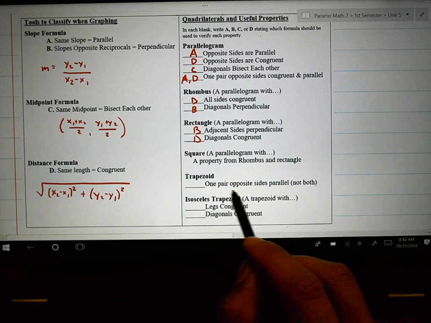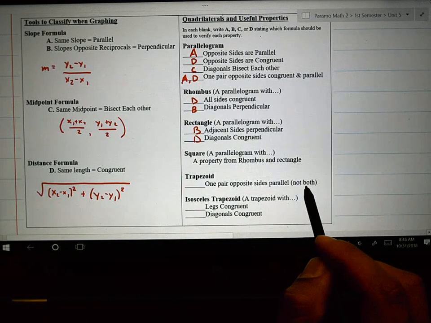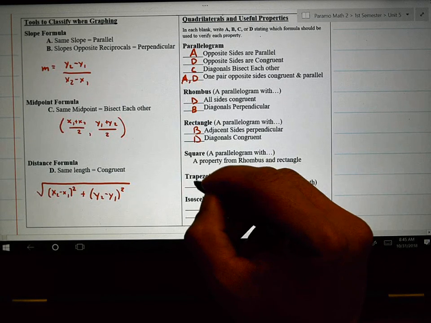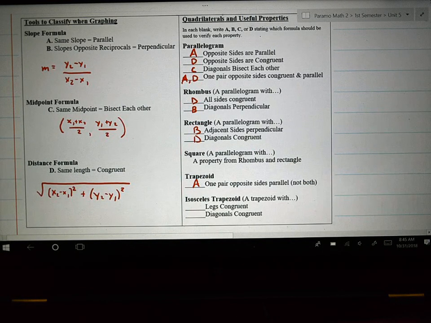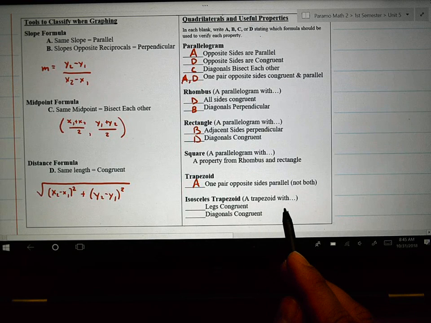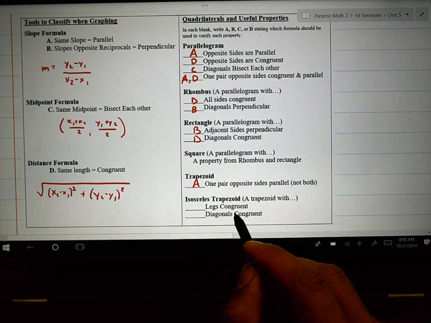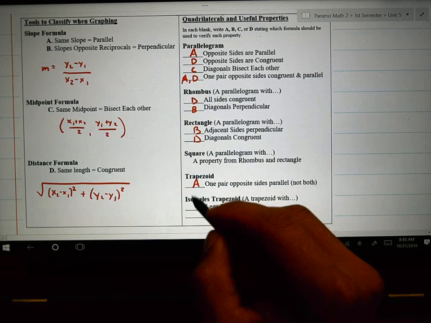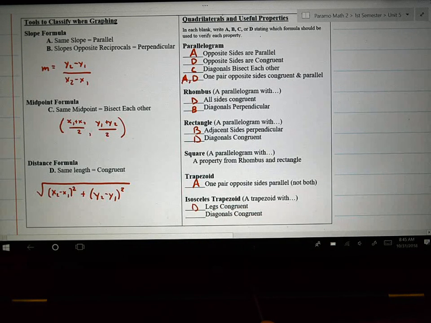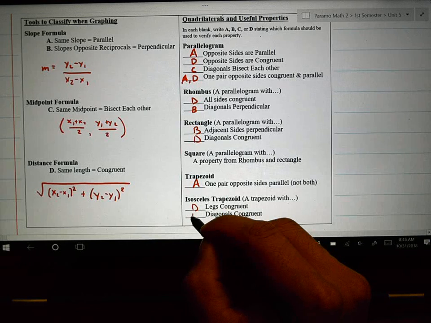Trapezoid, one pair of opposite sides are parallel, not both. What's the formula? A. Isosceles trapezoid, a trapezoid with legs congruent. How do we figure out how they're congruent? We have to know that their distances are the same. D. And diagonals congruent. We're going to use D as well.